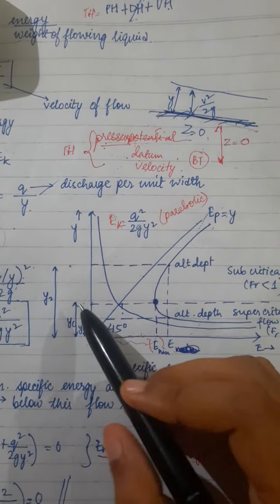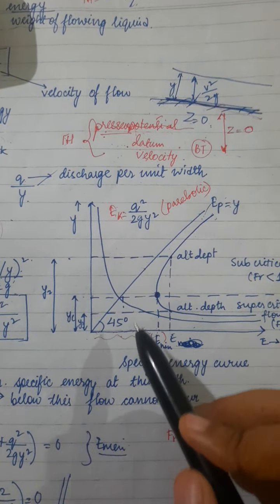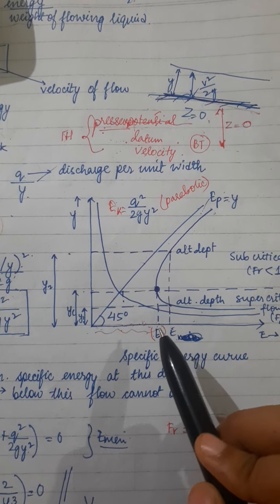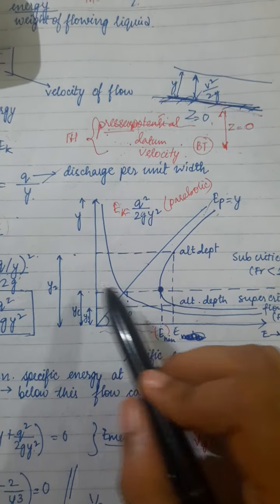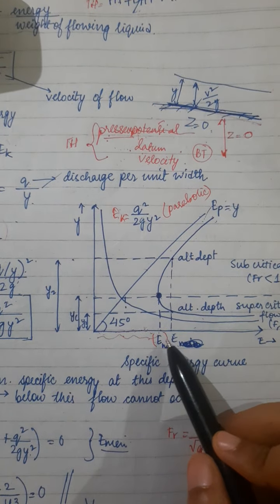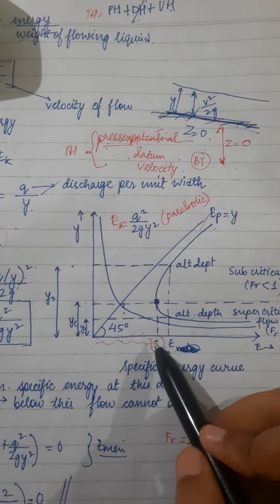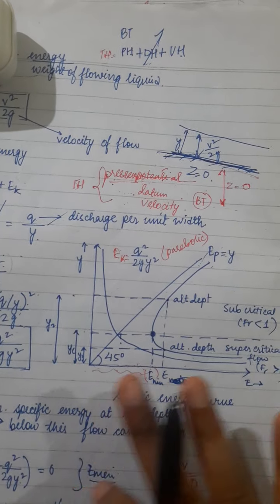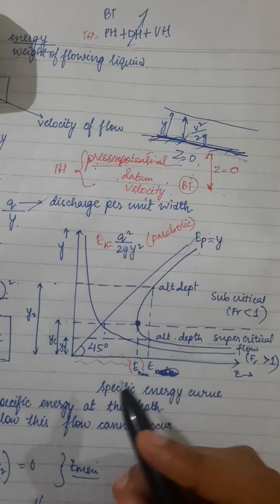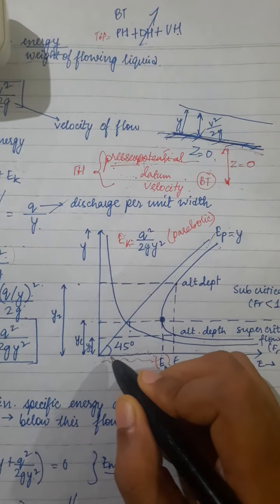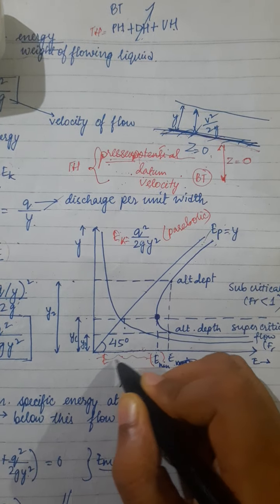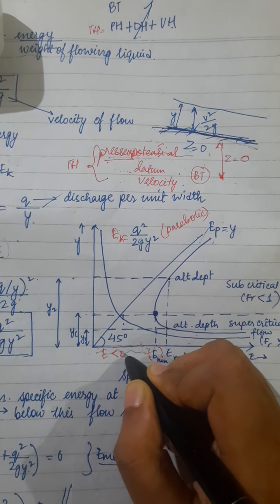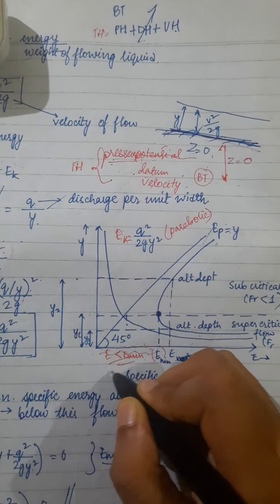So at a critical depth we have a minimum energy, that is E minimum, okay. Below this E minimum value, there will be no values at which flow will happen. That means at these values, E less than E minimum, no flow can occur.